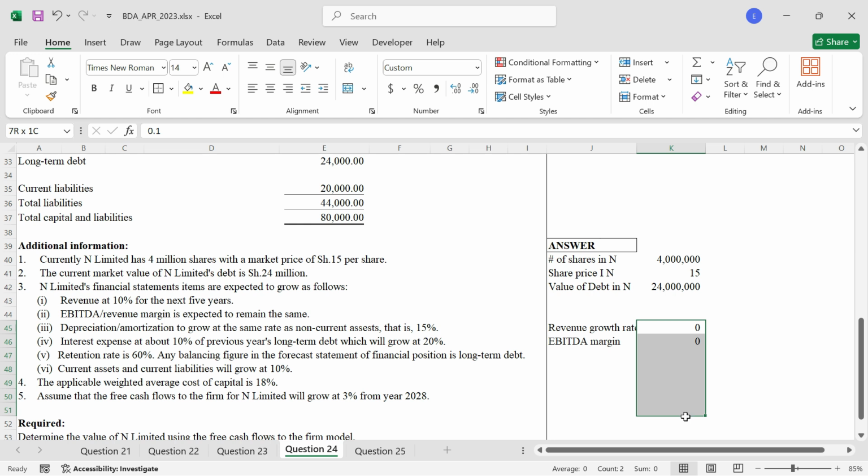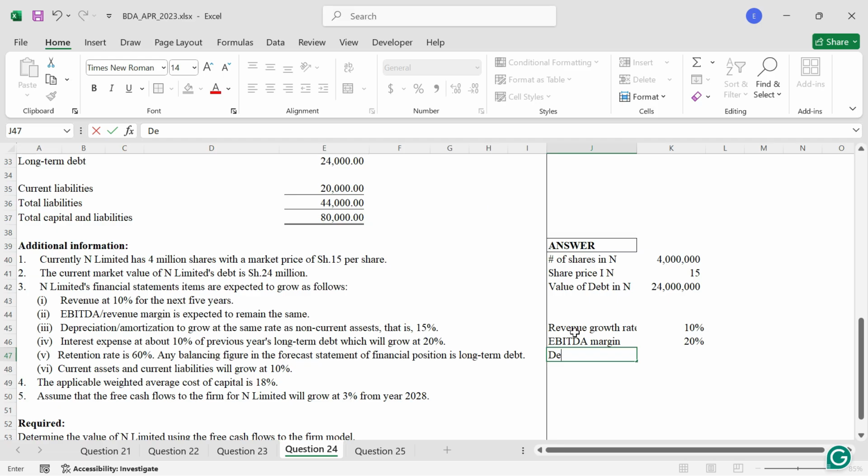This should be percentages. I'm also told depreciation or amortization to grow at the same rate as my non-current assets. The depreciation and non-current assets growth rate is 15%.